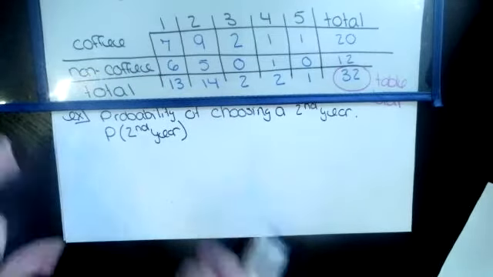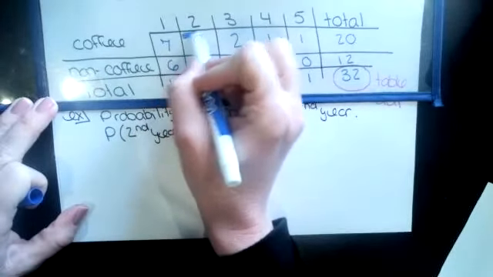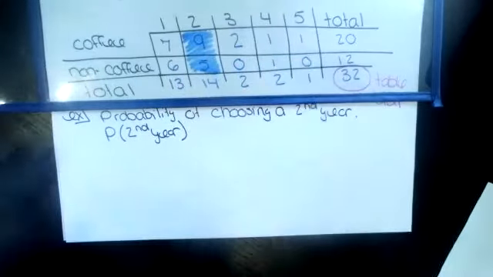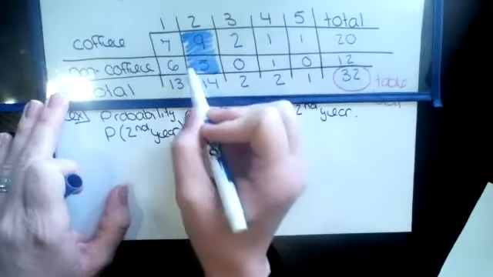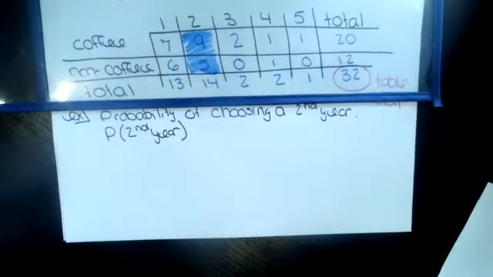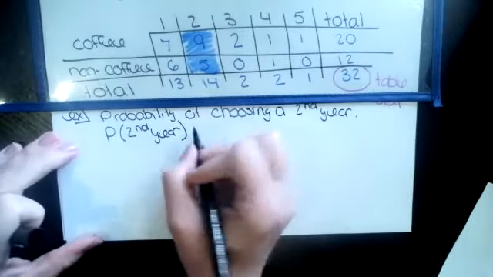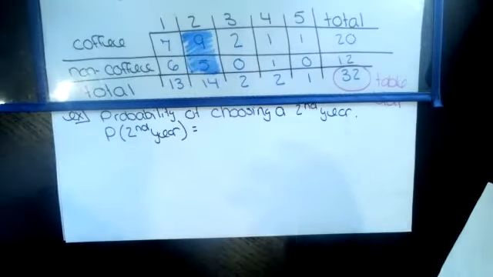So I want to know the probability of choosing a second year student. So I'm going to take these second year students, and I'm going to shade that in. You're ignoring the totals and you're just going to shade in your table. So when you are calculating these probabilities, your numerator is going to be every number in the shaded part added.